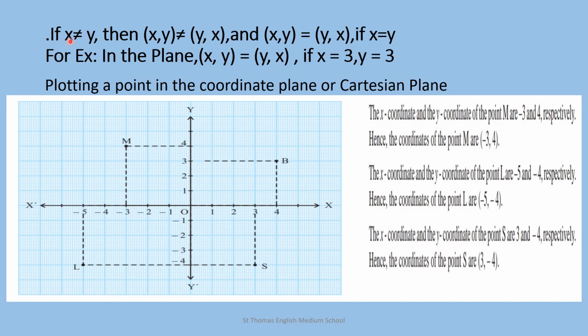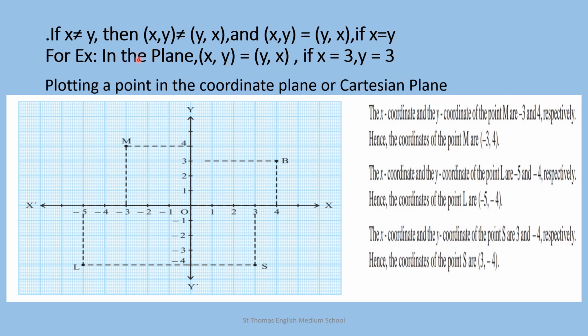If x is not equal to y, then the position of the ordered pair (x, y) in the Cartesian plane is different from the position of (y, x). That is, the order of x and y is important in an ordered pair. If x is not equal to y, then the ordered pair (x, y) is not equal to (y, x), and (x, y) equals (y, x) if x equals y.